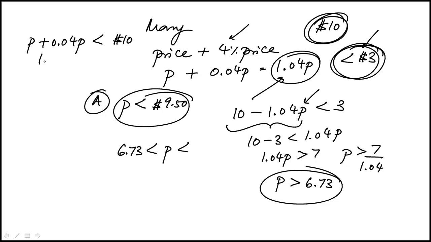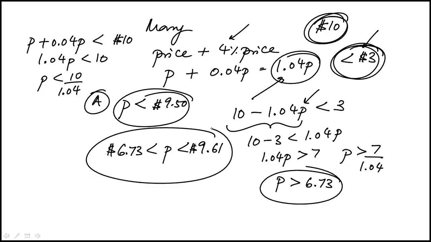So this becomes 1.04 P is less than 10, or P is less than 10 over 1.04. And I'm going to again compute this. 10 divided by 1.04 is 9.61. So the price of the book has to fall between these two values.